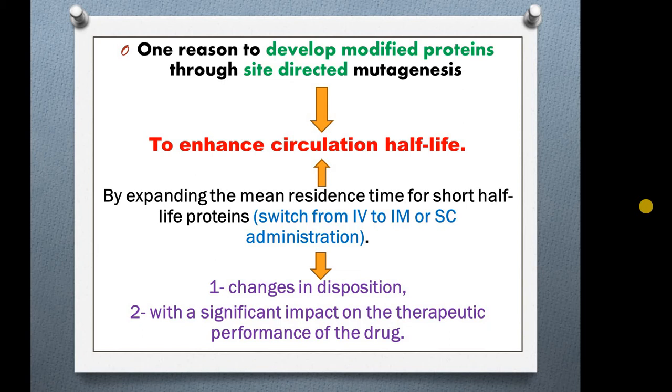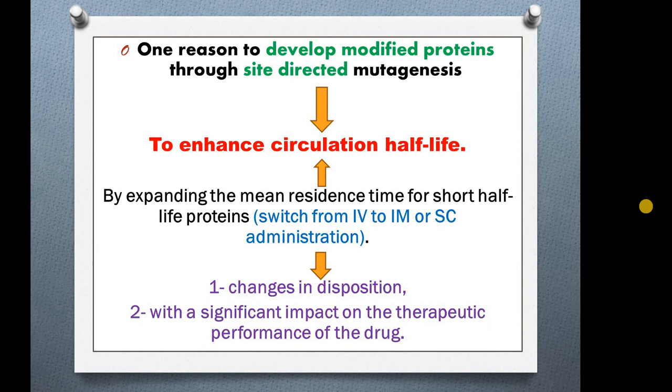Because, as we said, if the half-life is a few minutes, the administration routine will be more frequent, while for a few days, maybe administration would be once a week.